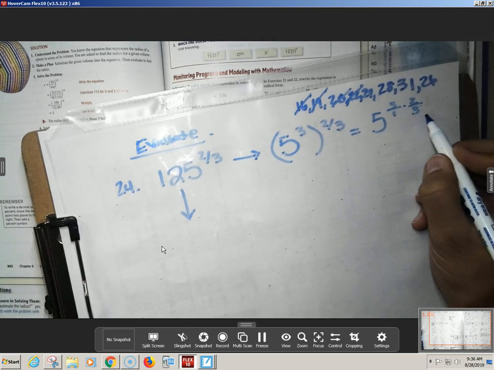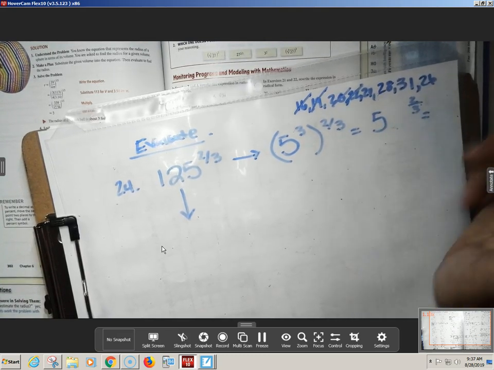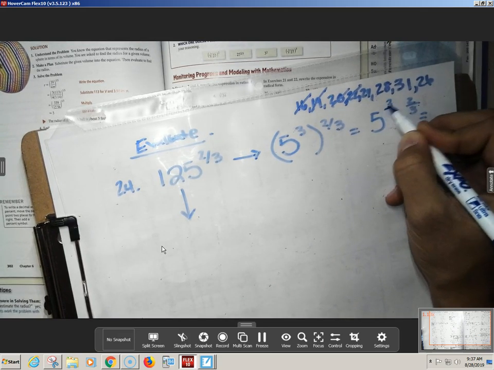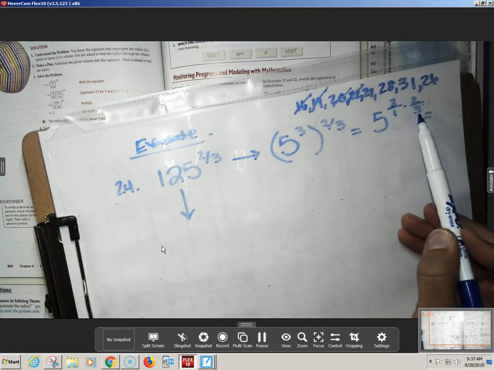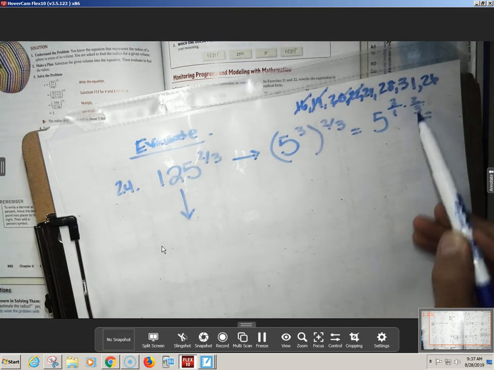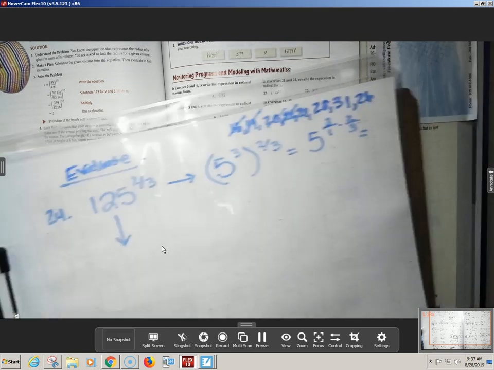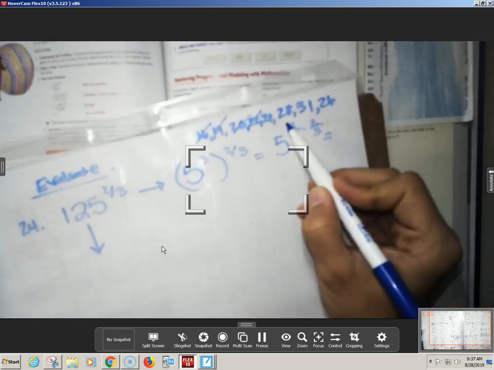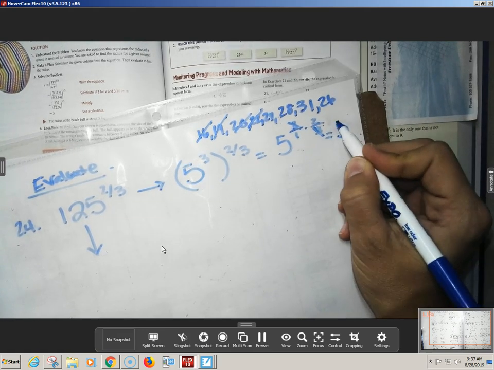What does that become, guys? 3/1. My marker's a little bit dull, huh? What happens to the 3 in the numerator and the 3 in the denominator? Or when you multiply and get 6/3, what does that become? 2. Yeah. So my 3's end up canceling the cubed and the cubed root, and you get 5 squared.